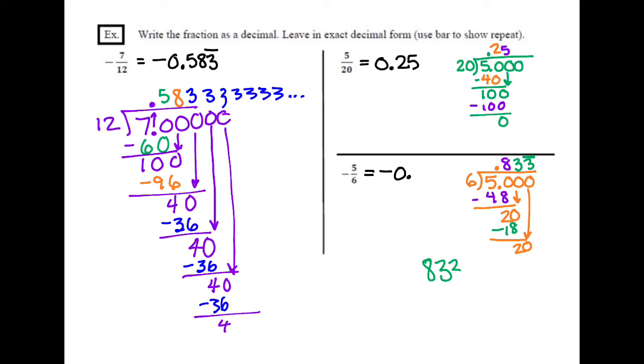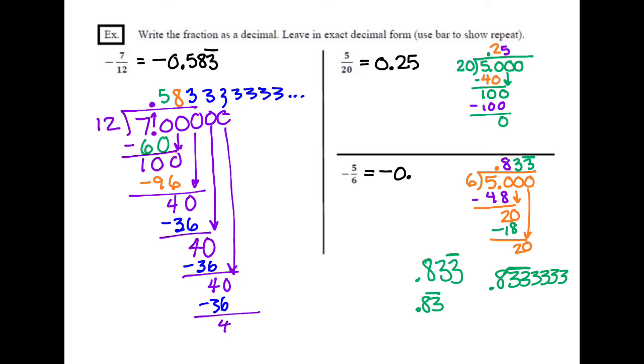Where do I put the line? Okay, I put it on that 3 up in my problem, but I could put it on this 3, or I could put it on both of the 3's, because 33, 33 is the same thing as repeating a single 3, right? So what's going to be right for the homework system?